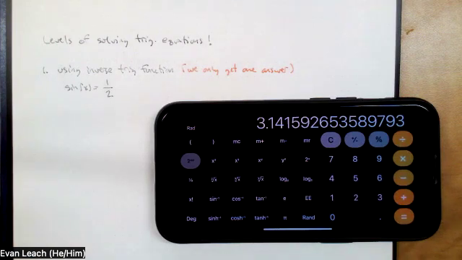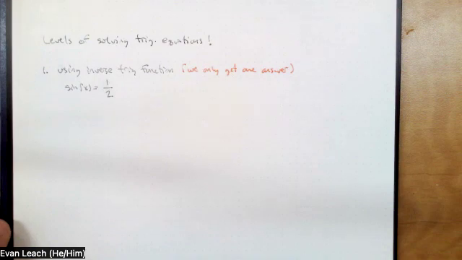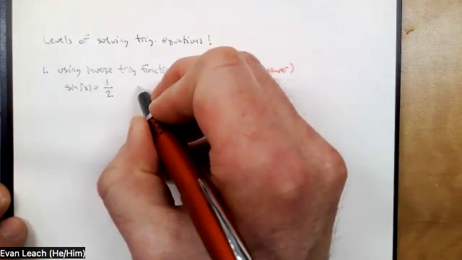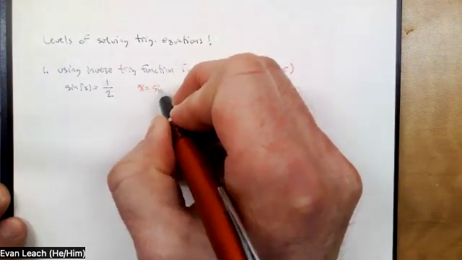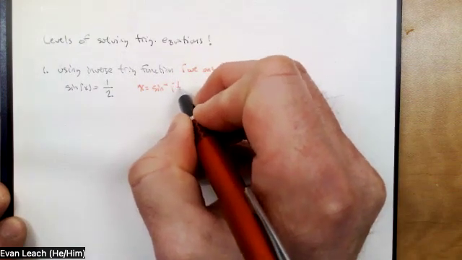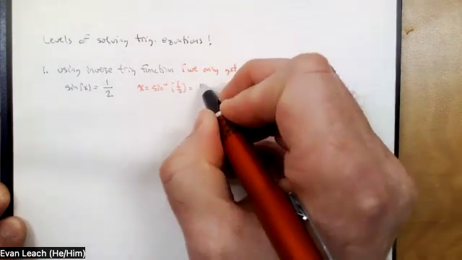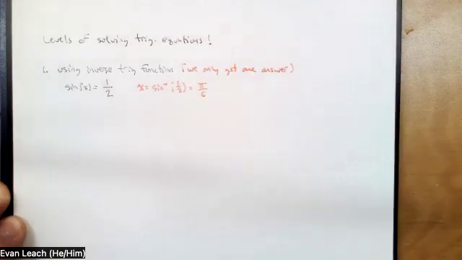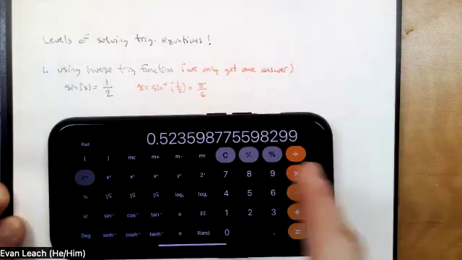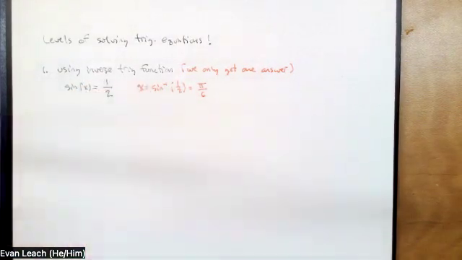See, there's pi divided by 6. So we ask the calculator, what is the sine inverse of 1/2? And the calculator says pi/6. It just says it in calculator speak. That's how the calculator says pi/6. We're only getting that one answer.